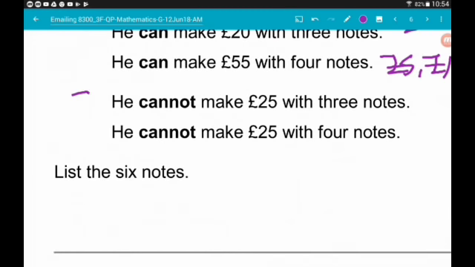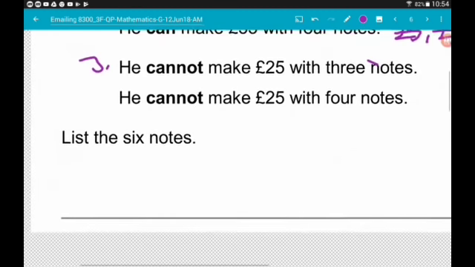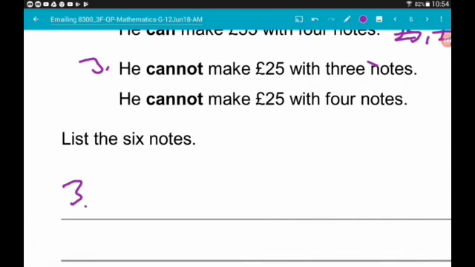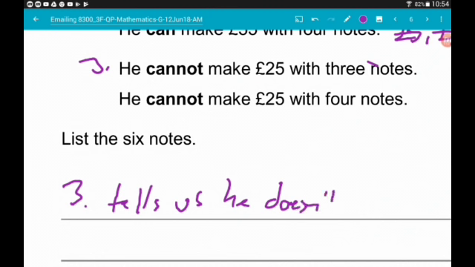So if we call this statement 3, 3 tells us he doesn't have 2 £10 notes.